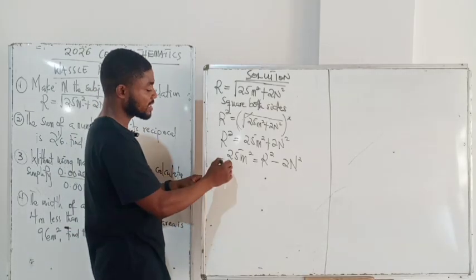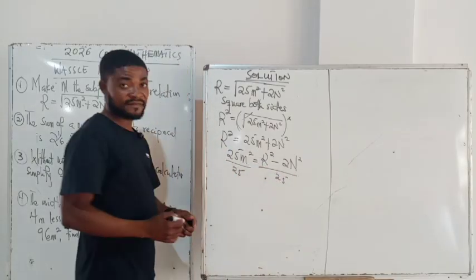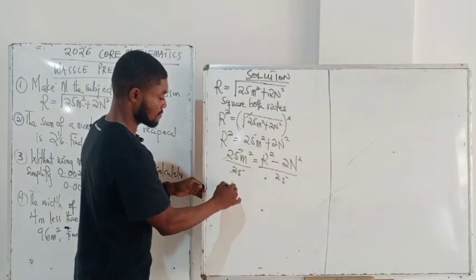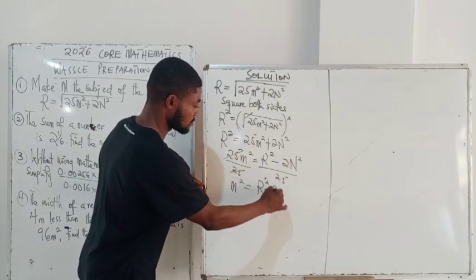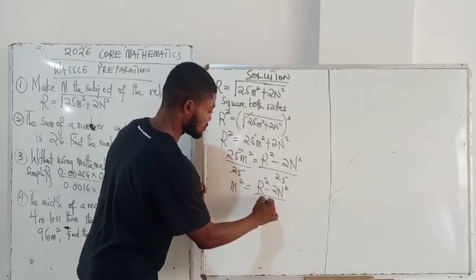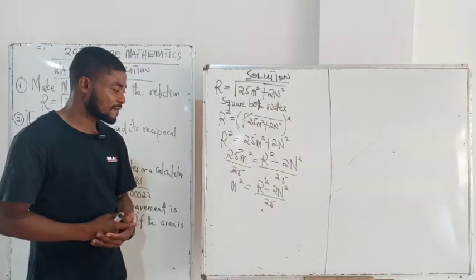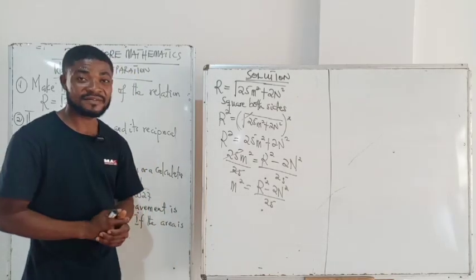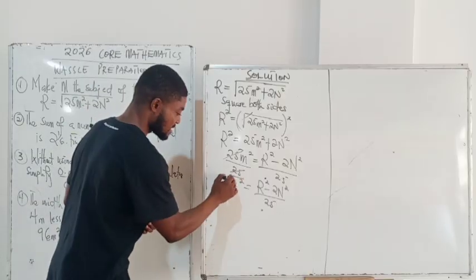So I divide through by 25. I get m squared is equal to r squared minus 2n squared all over 25. I want the value of m and not m squared, so I can put my square root here.